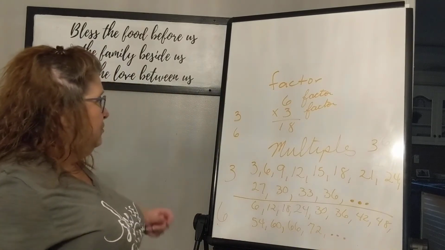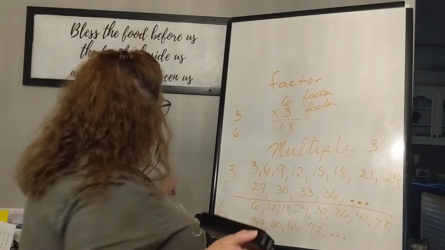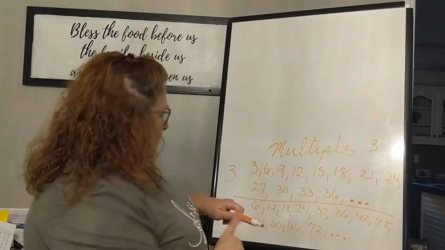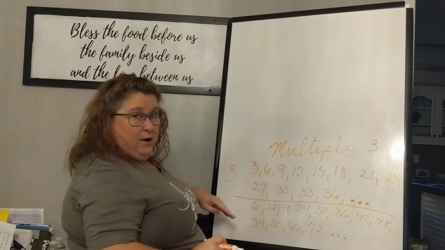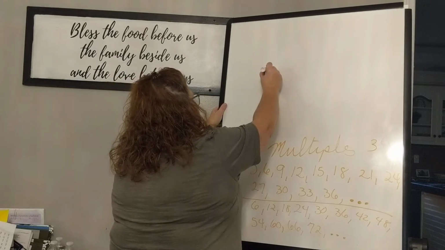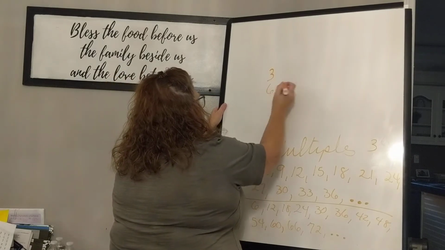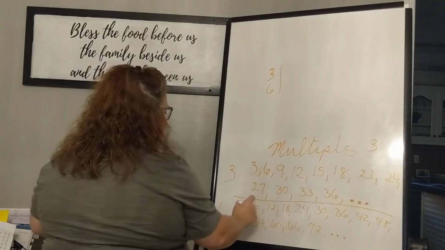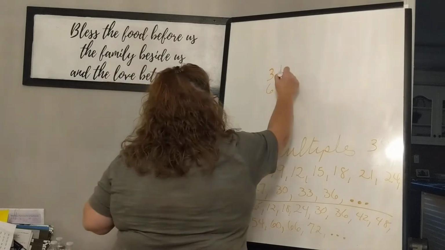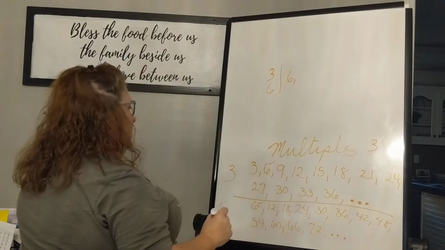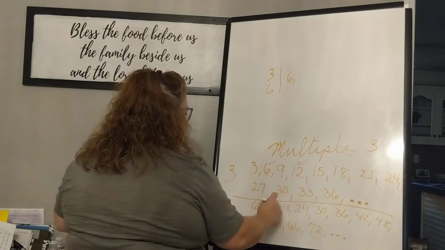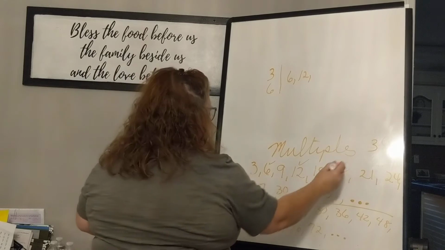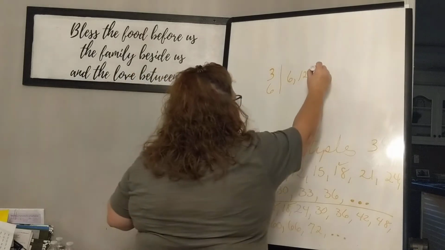Now if I were to list my common multiples for 3 and 6, pretend this is at the top of the board and I'm writing at the bottom. Here's my 3 and 6. I would be listing numbers that are the same in both. There's a 6 and a 6, so I list 6. A 12 and a 12, 12. An 18 and an 18.